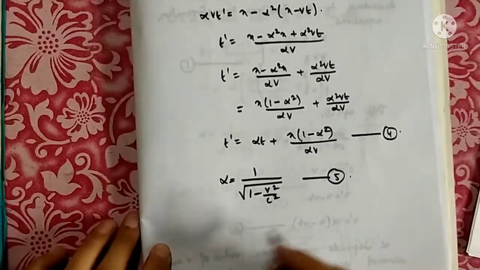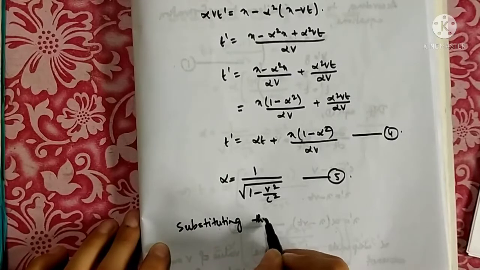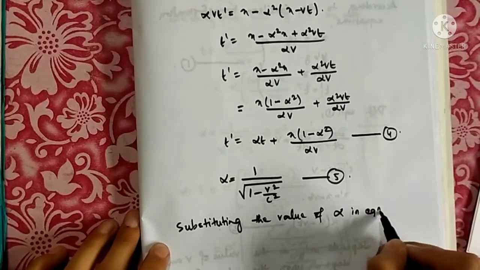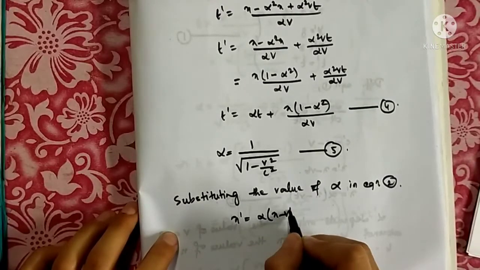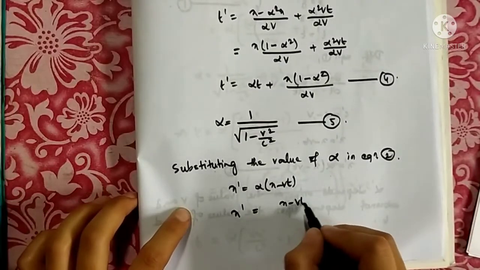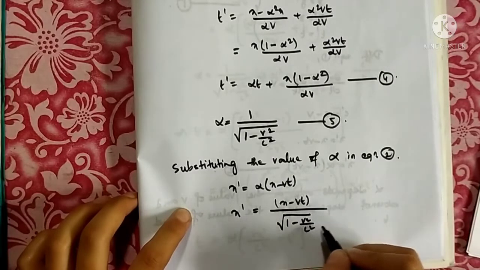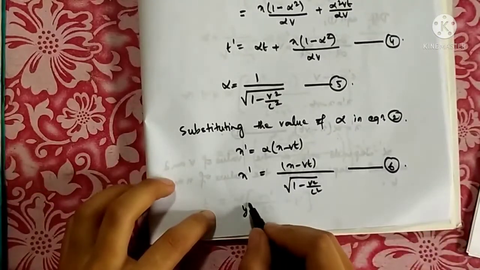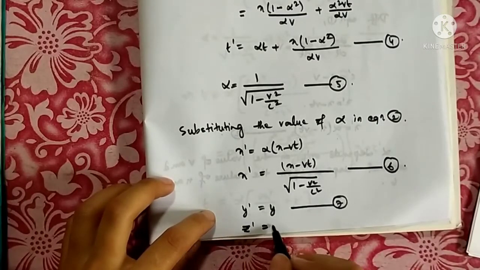Now substituting the value of alpha in equation 2, we get x prime equals alpha (x minus vt), so x prime equals (x minus vt) by under root 1 minus v square by c square, equation number 6. And we have y prime equals y, equation number 7, and z prime equals z, equation number 8.